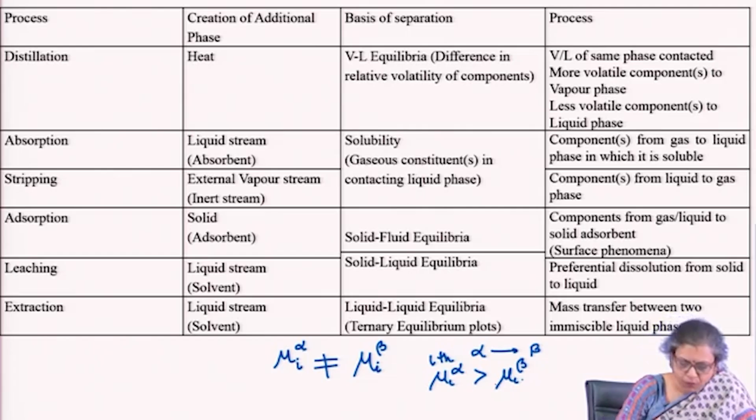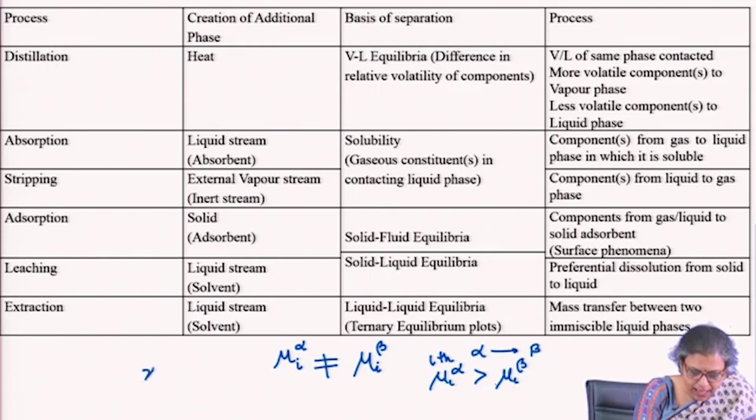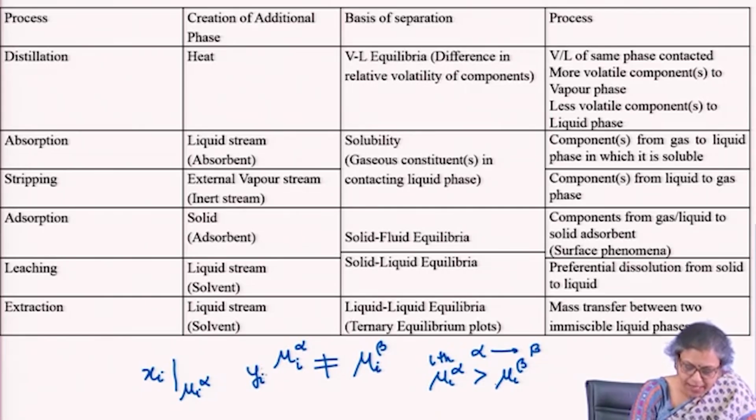What I mean to say is that suppose in the alpha phase I denote the composition as xi, corresponding to mu i alpha, and for the beta phase, suppose I assume that the composition is denoted by yi, corresponding to mu i beta. Now, these two compositions are important, and mass transfer will stop when mu i alpha is equal to mu i beta.